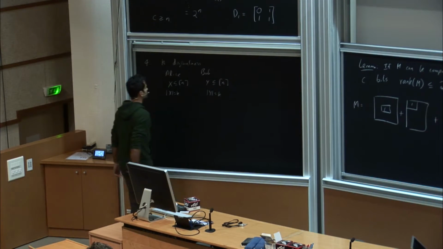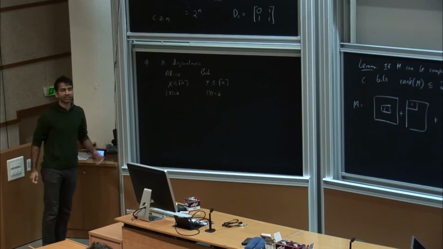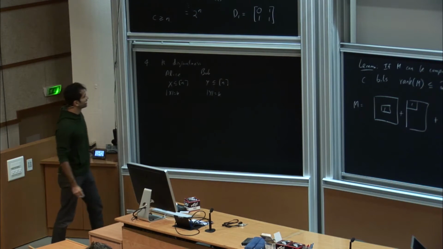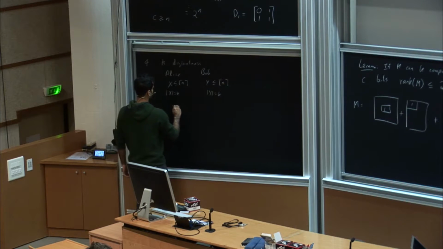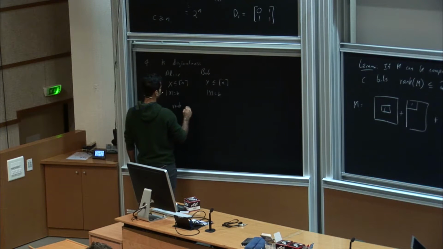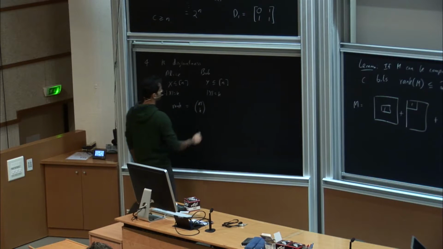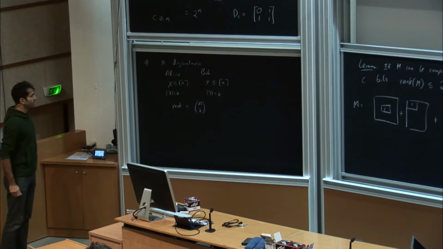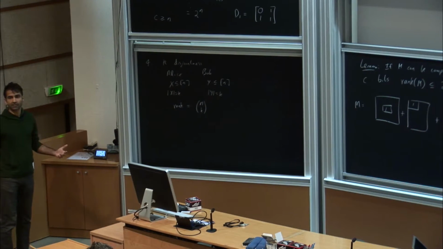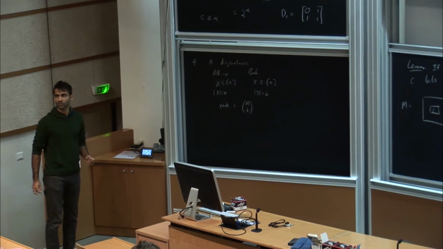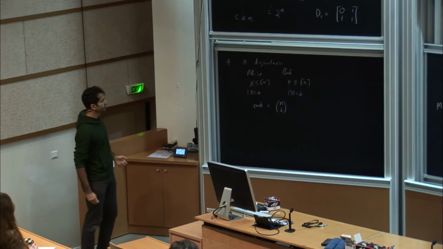What you can show is that this matrix also has full rank. The proof is not as simple as that, but the rank is exactly what you expect. The rank is exactly n choose k. And that means the trivial protocol is essentially the only protocol, or that's the best protocol.